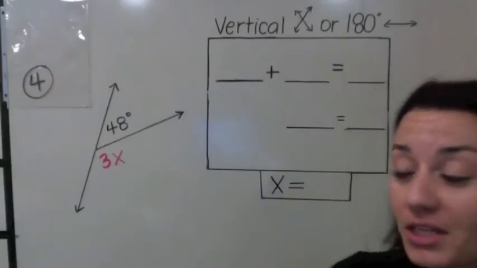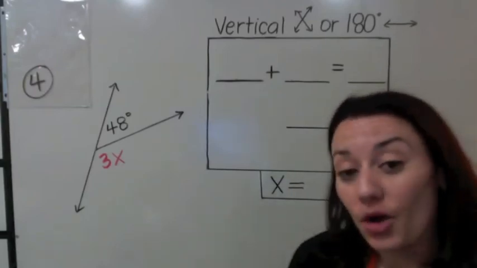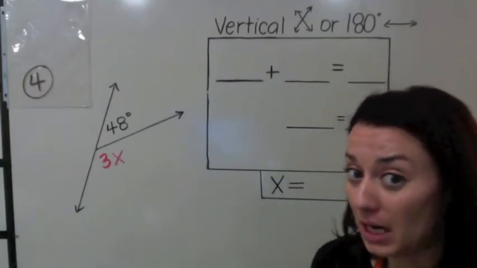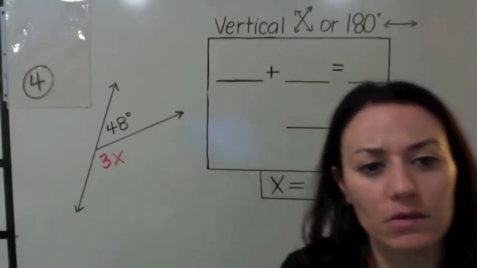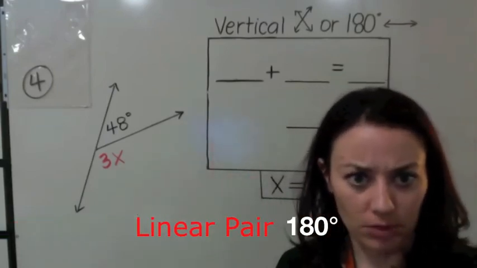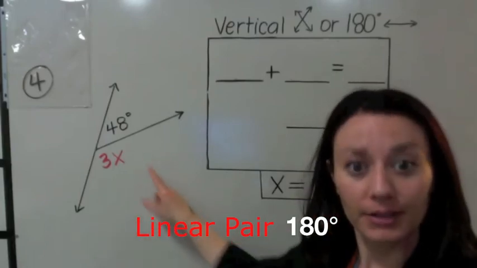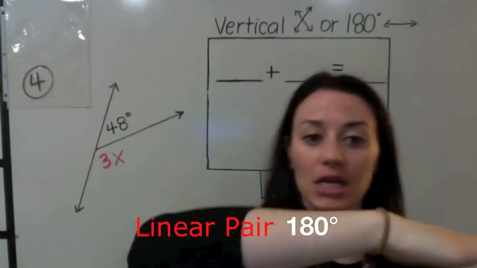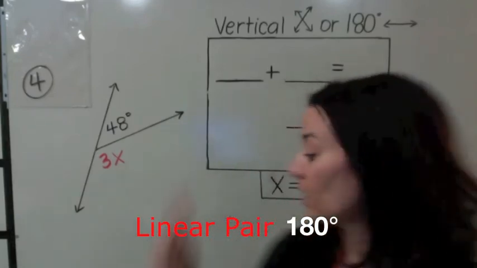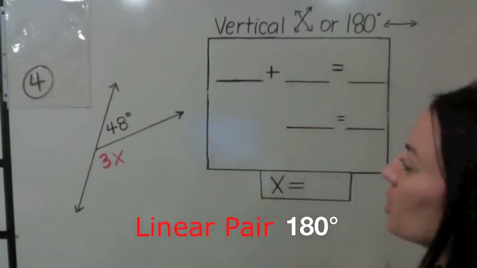So let's take a look at the last example. Now, first thing you're going to ask yourself, are these vertical angles, are they intersecting lines, or are they angles that form a line? Is this a linear pair? They form a line, right? Okay. So how many degrees is a straight angle? It's 180 degrees.